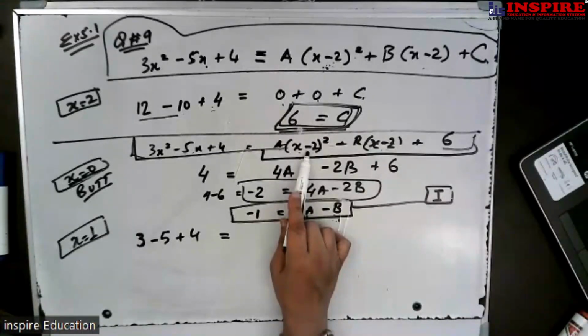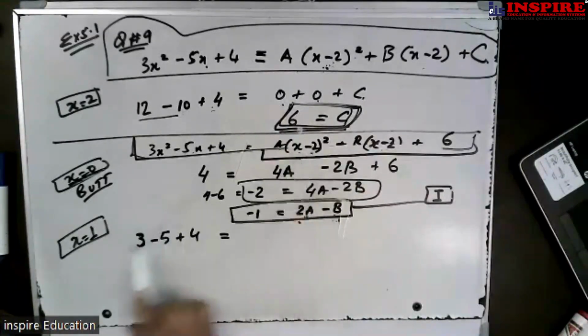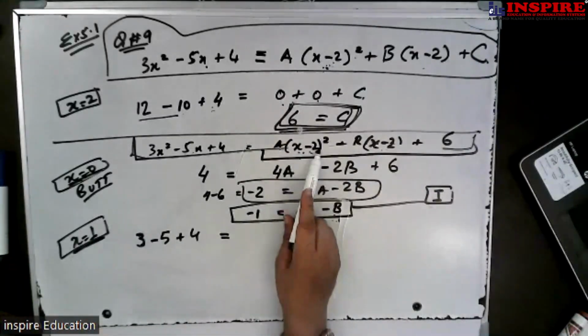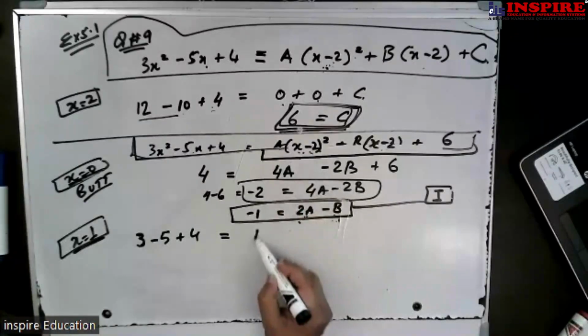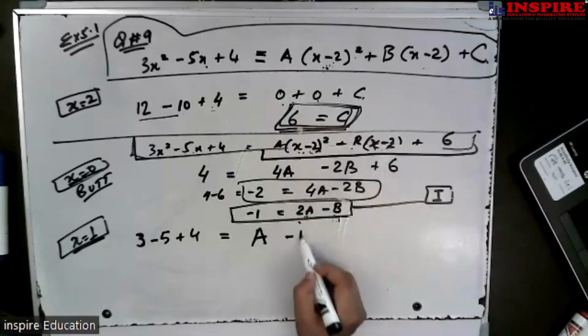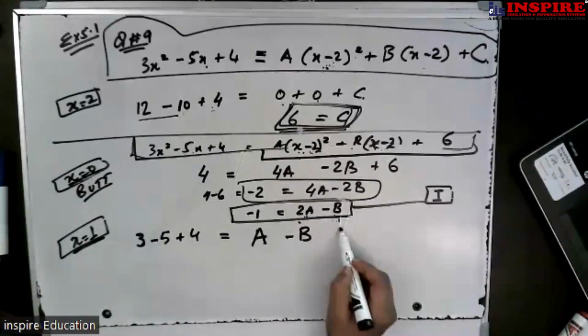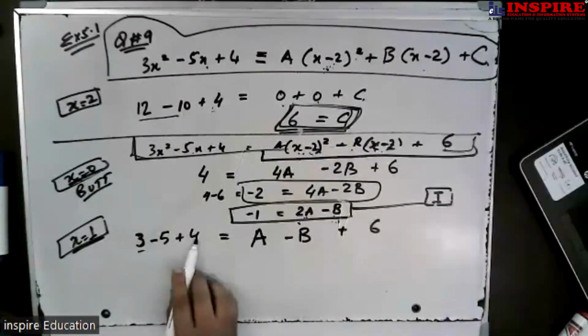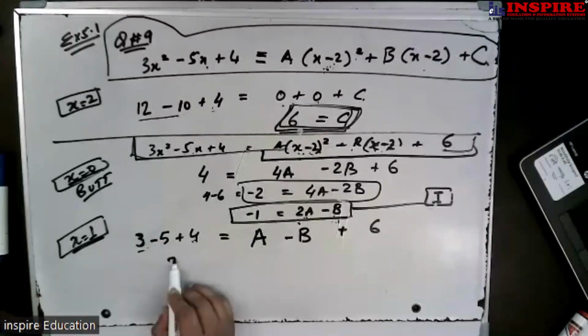Remember, I'm plugging in minus 1. 1 minus 2 minus 1, minus 1 squared, 1 into a. Minus 1, 1 minus 2, minus 1 into b. Plus 6. 3 and 4, 7 minus 5.